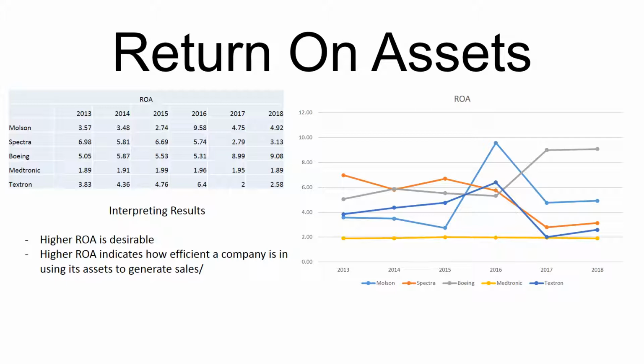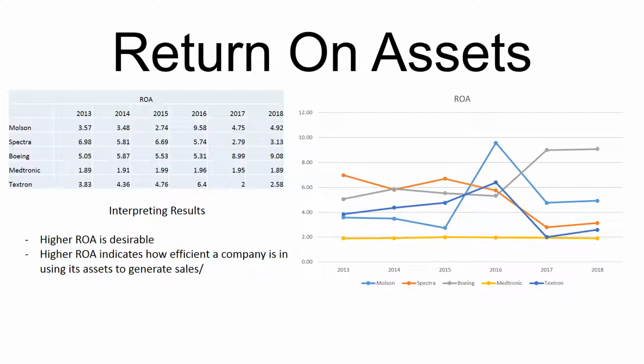Moving on, when analyzing the return on assets of these companies, we want a high ROA. A higher ROA indicates how efficient a company is in using its assets to generate sales. So when looking at the table, we can clearly see that Boeing has the highest ROA in comparison to the other companies.